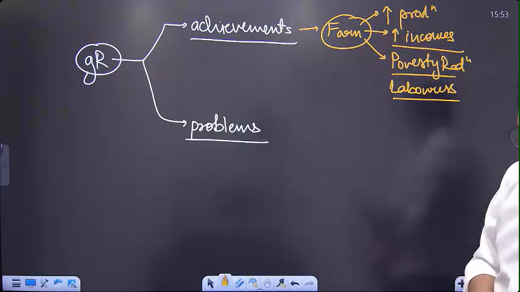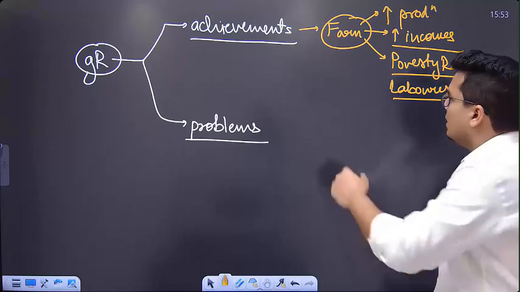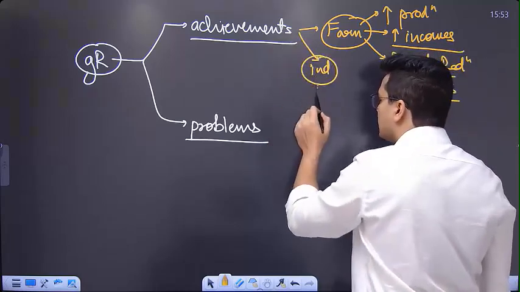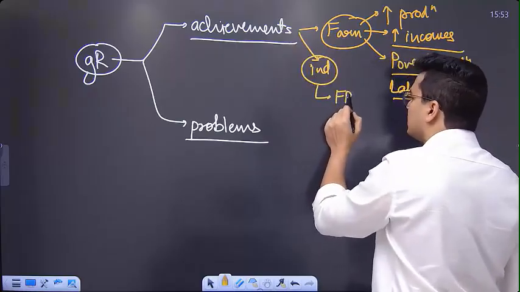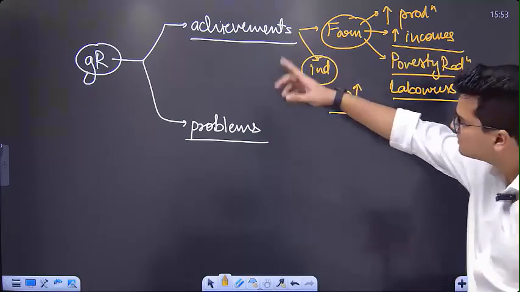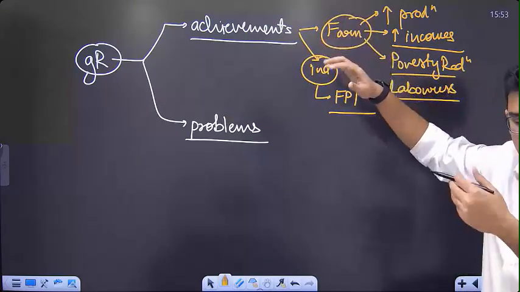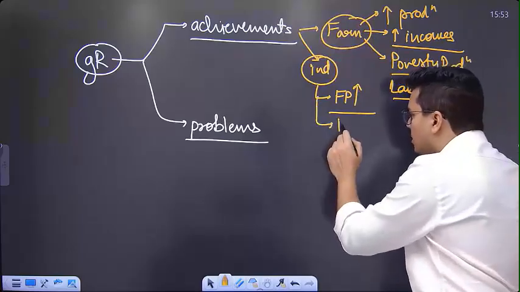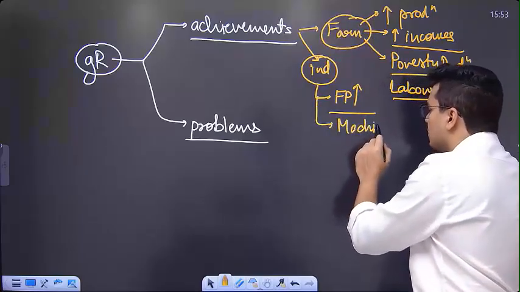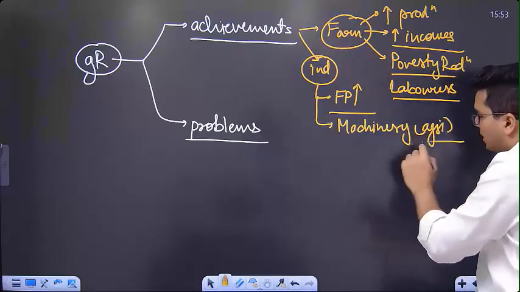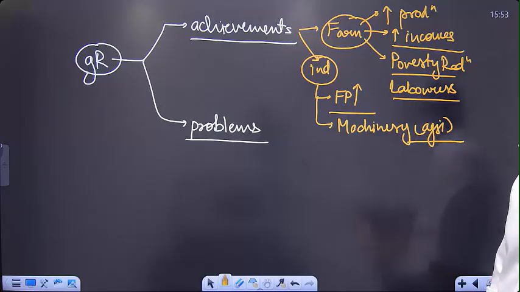Then it gave an input to some industries, such as the food processing industry, which now became something that could grow. Why could it grow? Because the Green Revolution had focused on the rice and wheat system. It also gave an input to the machinery of agriculture, because we want to mechanize agriculture in India. So the agricultural machinery industry gets an input.